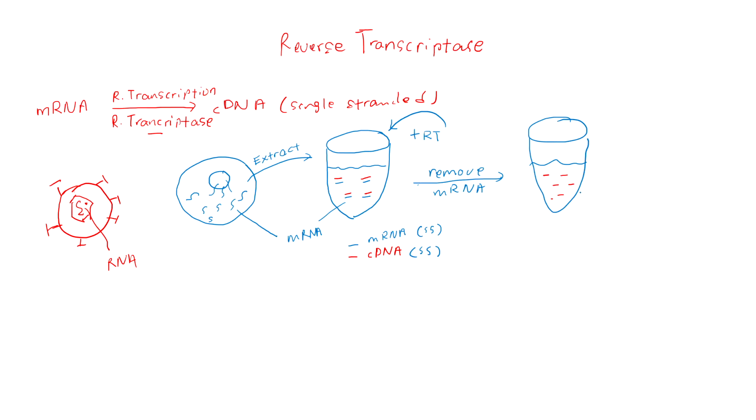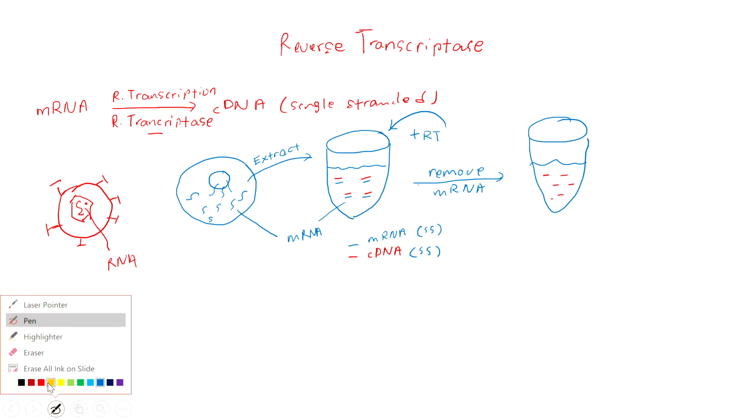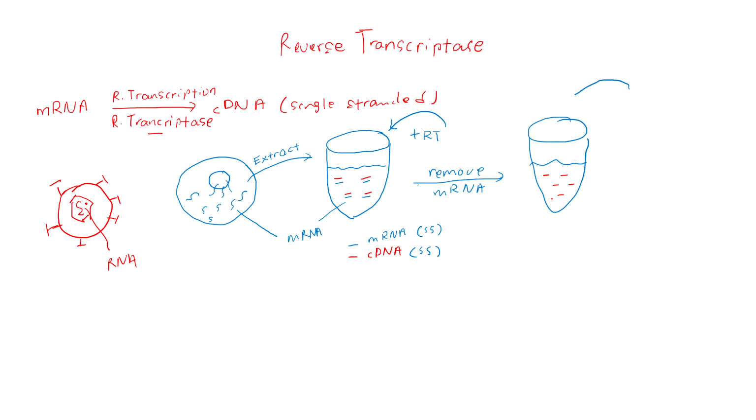For cloning, you can't clone single-stranded DNA because all your vector plasmids are double-stranded and all your genomes are double-stranded. So in order to make it double-stranded, you need an extra step here, which is to add DNA polymerase. Put the DNA polymerase inside. The function of DNA polymerase, as we learned about DNA replication, is to replicate the DNA.